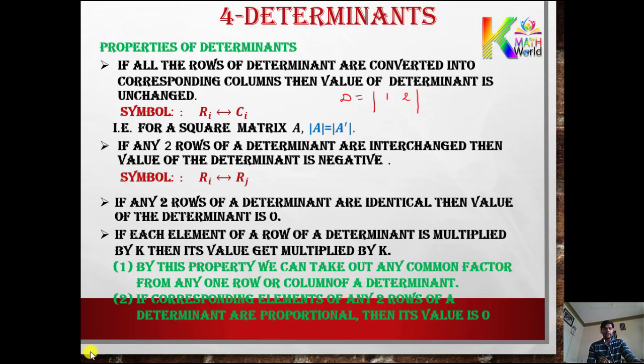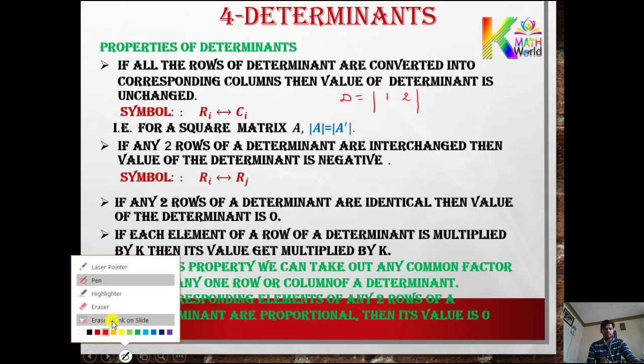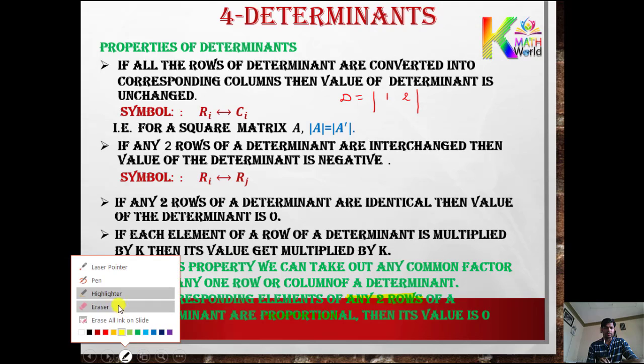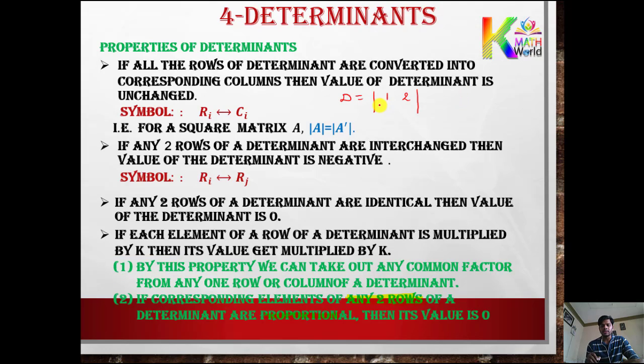Corresponding elements of any two rows are proportional. Any two rows are proportional. It means you can select the elements of the second row as a multiple of the first row.